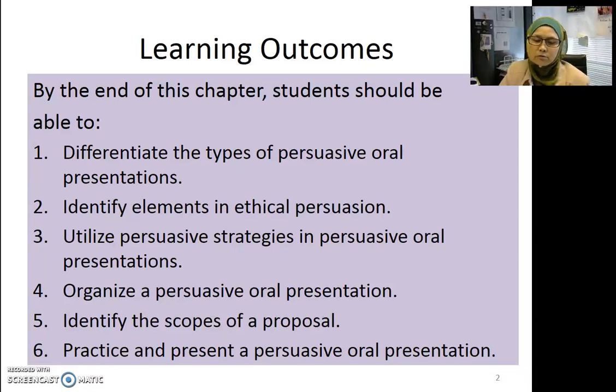You need to come up with a proposal, which is actually your persuasive presentation, and then practice and present a persuasive oral presentation. That's quite a lot of things.